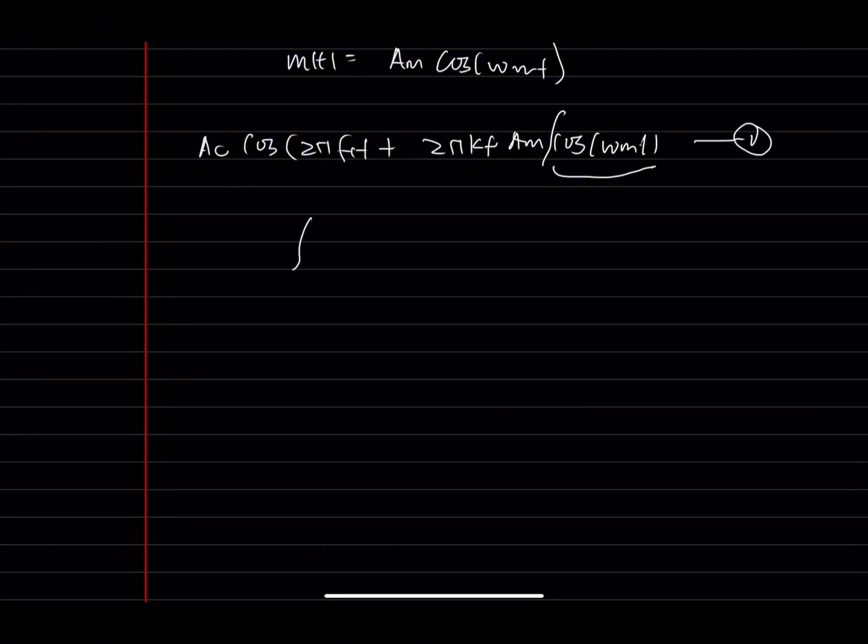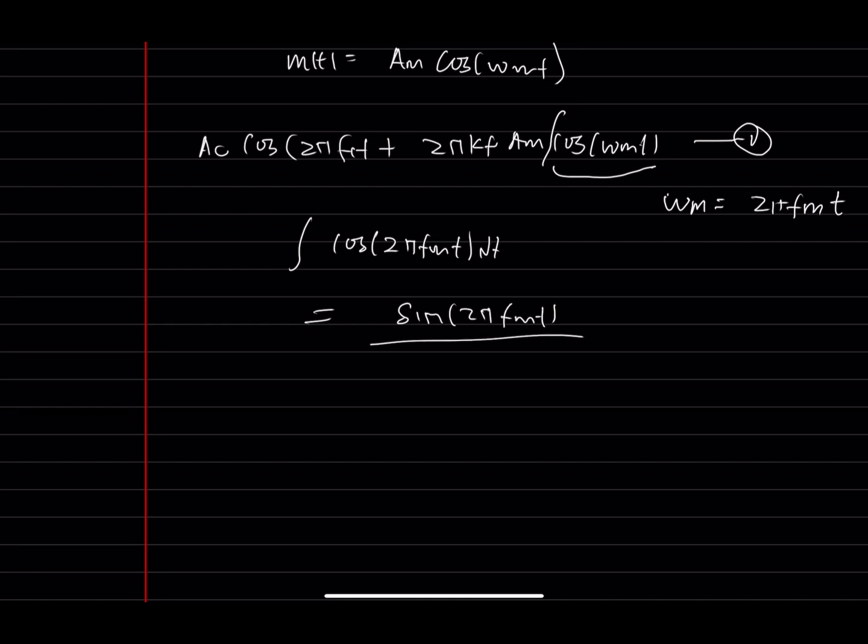So taking the integral of cos, we know that ω_m is equal to 2π f_m, and remember there's a t over there. So ∫cos 2π f_m t dt. When we do the integral, we get sin 2π f_m t all over 2π f_m.